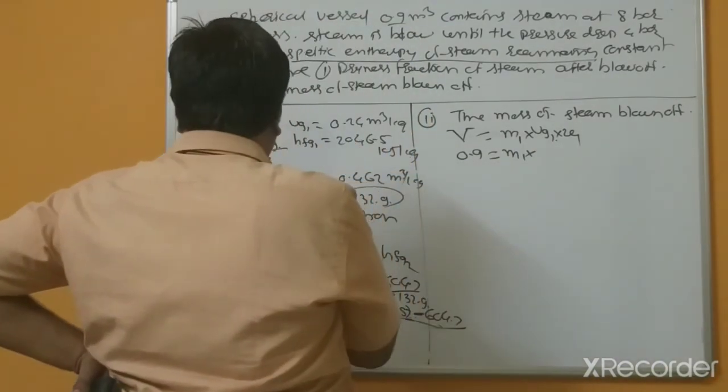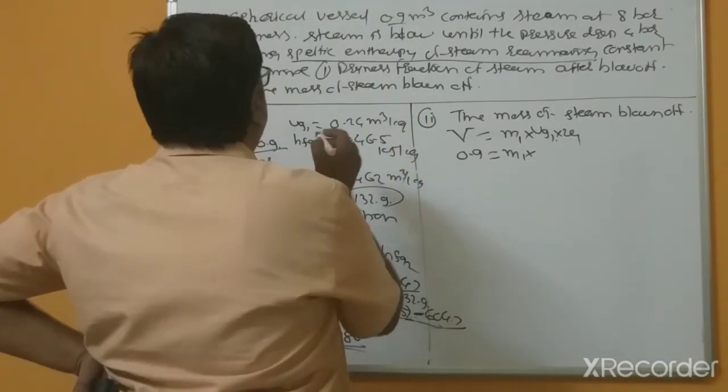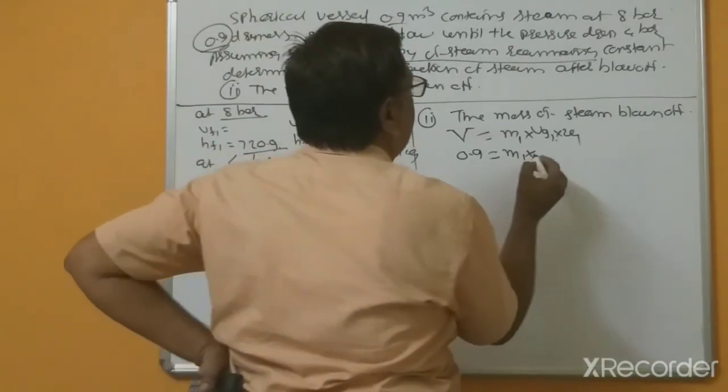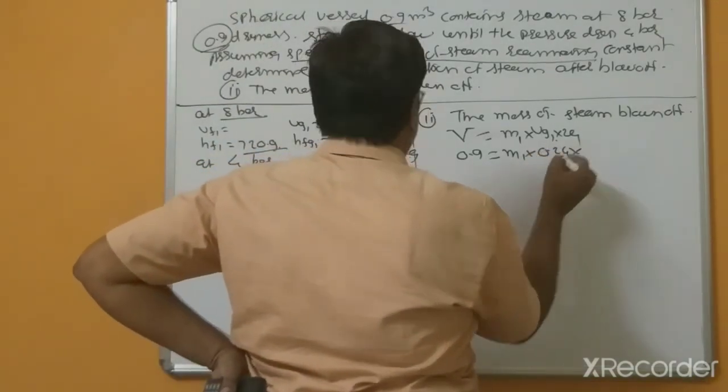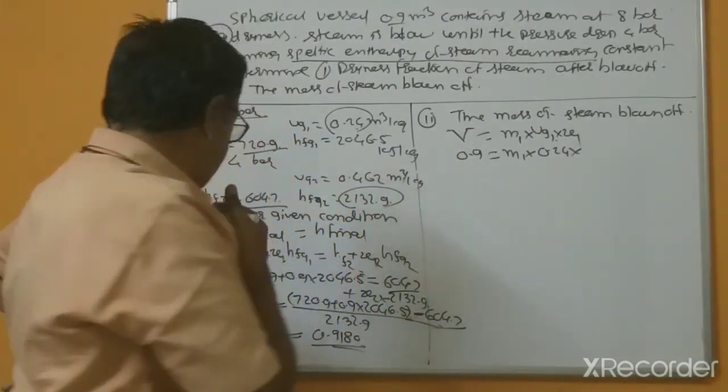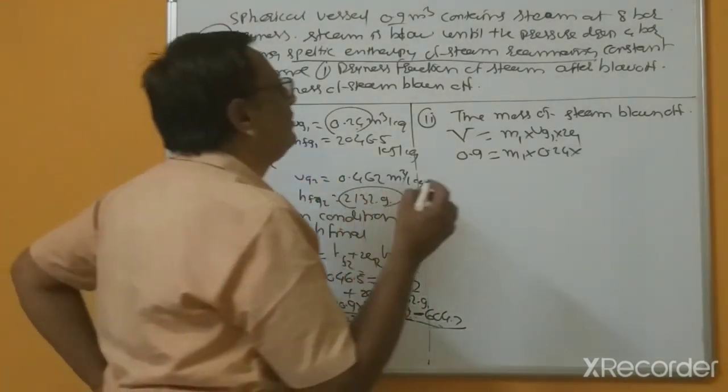M1 vg1 equal to vg1, this is 0.24, x1 is 0.9.